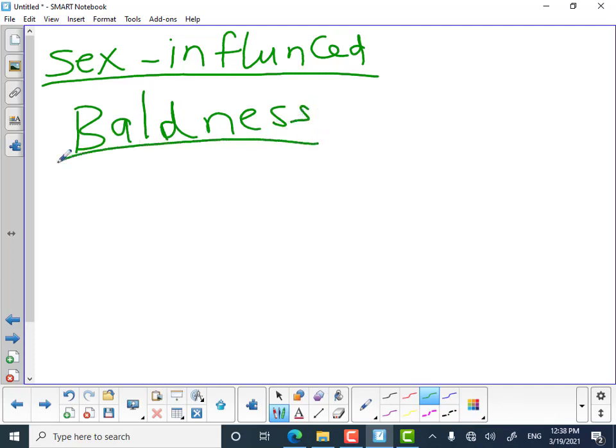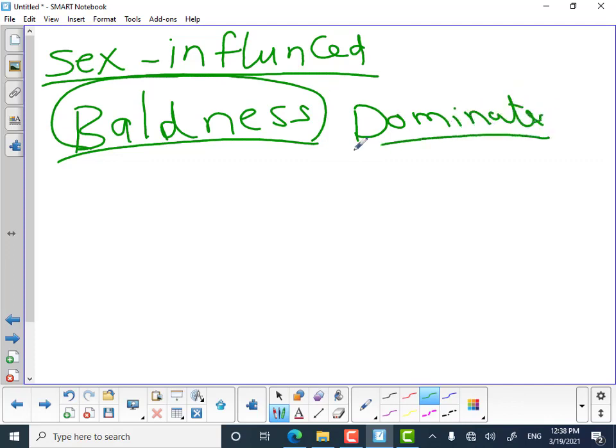Okay. Baldness is a dominant character, not a recessive gene, but it is dominant. If a male carries one gene of baldness, this man will lose his hair.